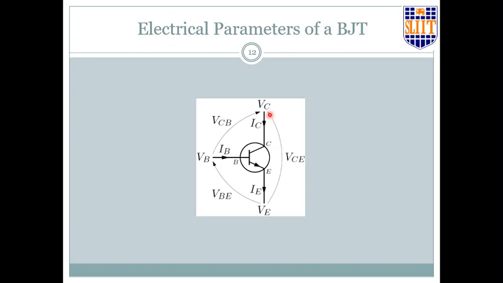So this voltage with the arrow on this side is the voltage of the collector with respect to the emitter, VCE, and VCB and VBE. The symbol arrow shows the emitter, and the forward current in the base-emitter junction is shown by the direction of the arrow in the emitter.